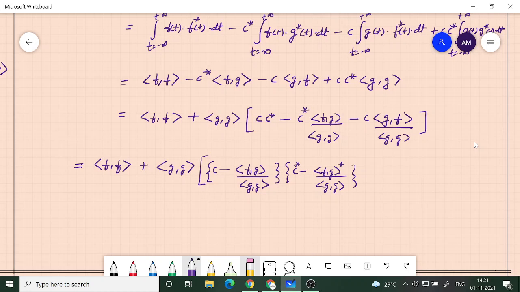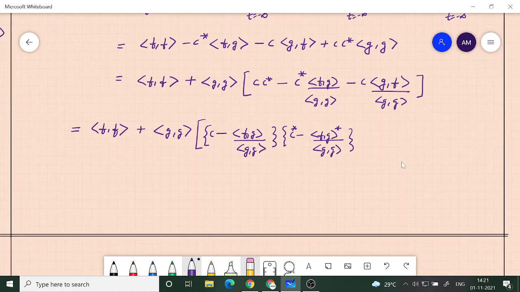Now when I multiply these, what are the terms that will come out? There will be four terms, but I only have three terms in the bracket. So I need to subtract whatever additional term comes out of this expansion. Let me first expand whatever is in this green bracket.